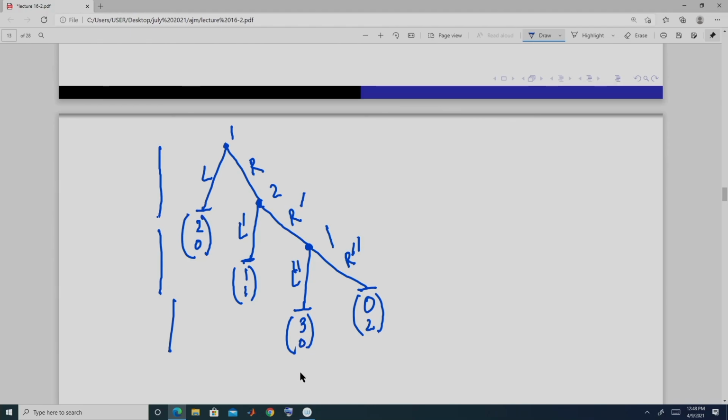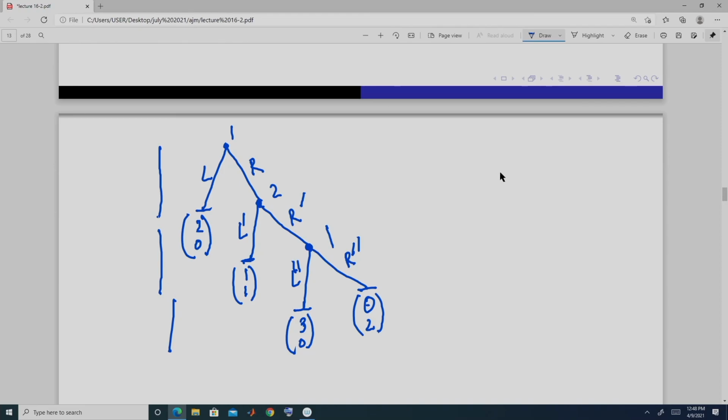The first element is the payoff of player 1 and the second element is the payoff of player 2. Since we are now using backward induction, let's start from this stage. When player 1 is here, making a decision from here, it is always going to choose this because 3 is greater than 0.